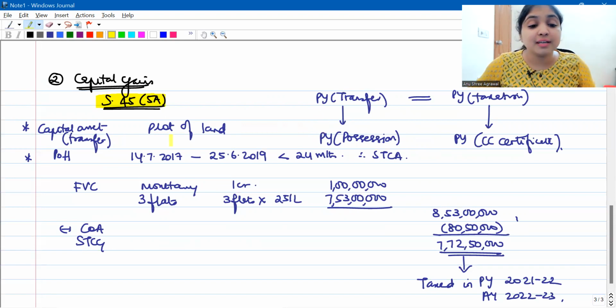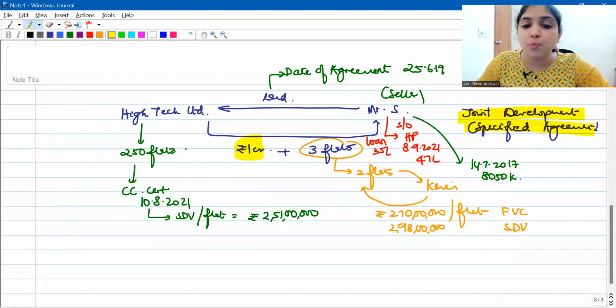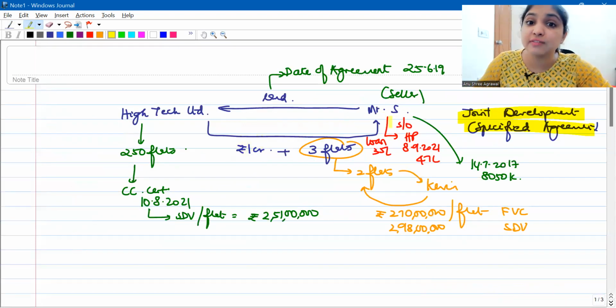Right? Then we learned that in such cases, full value consideration is a slightly different calculation. Full value consideration will be whatever monetary consideration we have received plus the stamp duty value of the new property that we are receiving. Stamp duty value on which date? You will take stamp duty value on the date on which we got the construction completion certificate.